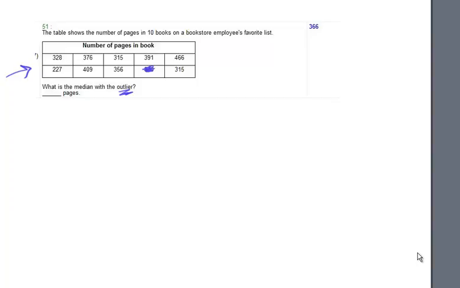Oh, and again, I keep jumping ahead. This says with the outlier. So we're going to leave that 840 in there. The next problem is going to be the same thing, but without the outlier. So in this one, you're just going to put these all in order from smallest to largest, and then you'll find the one in the middle and take the difference between those two.